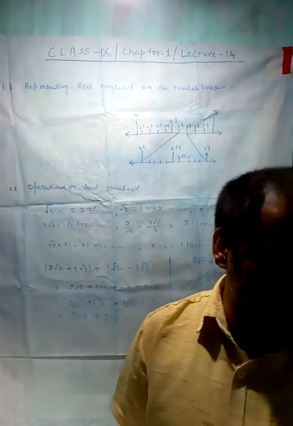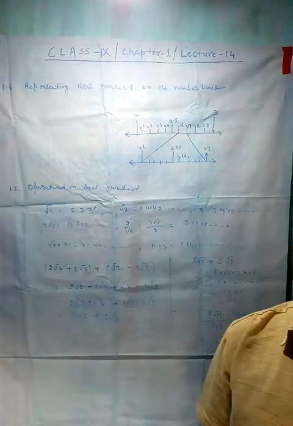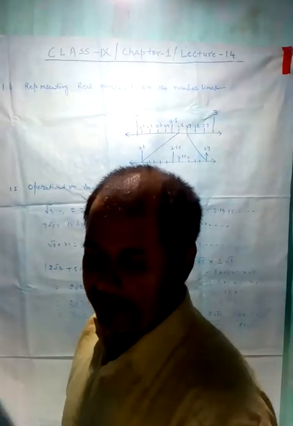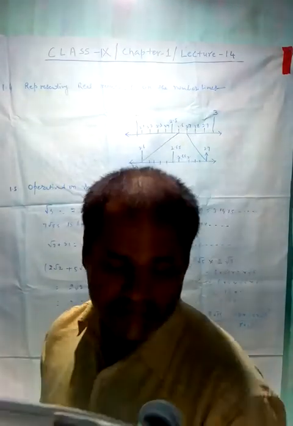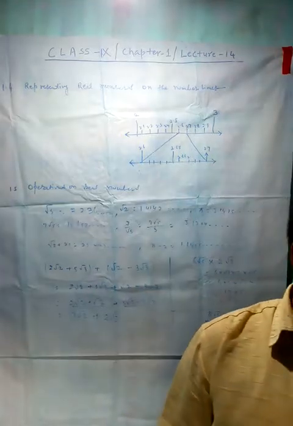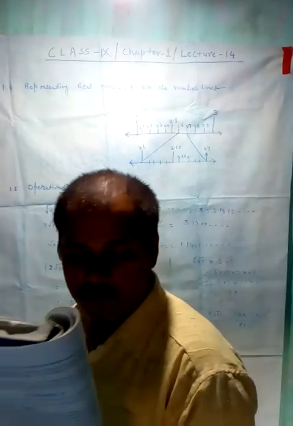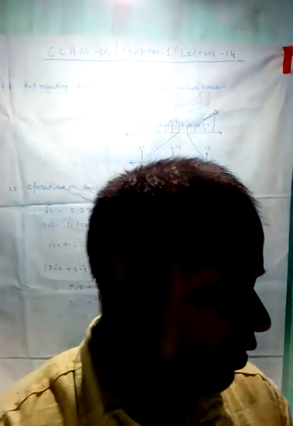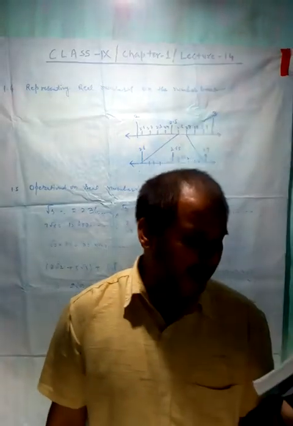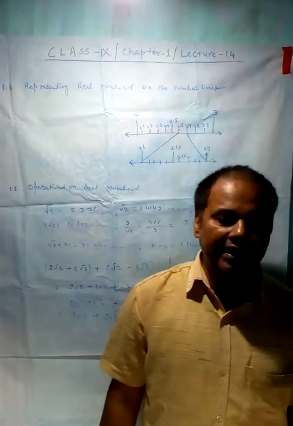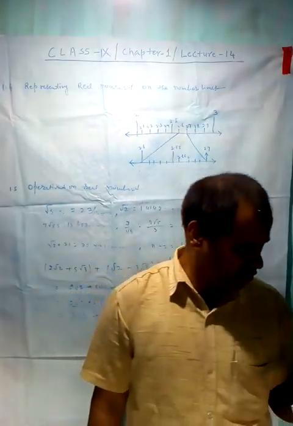The same definition can be extended for positive real numbers. Let a be a real number greater than 0, then root a is equal to b means b square is equal to a and b is greater than 0.